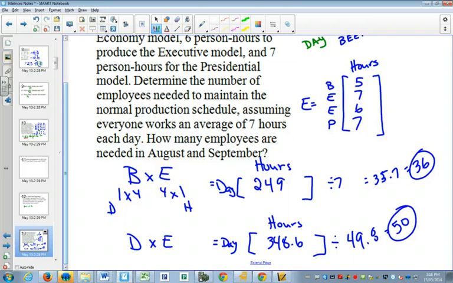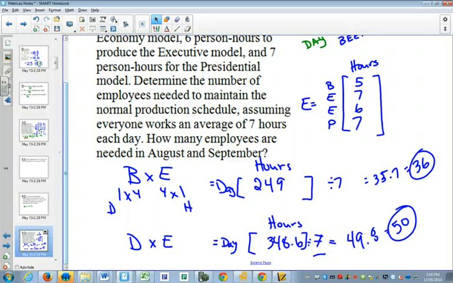Notation might be a little wrong because you just divided 348.6 by 7. Oh yeah, here we go. Divide by 7. Very important, the 7.